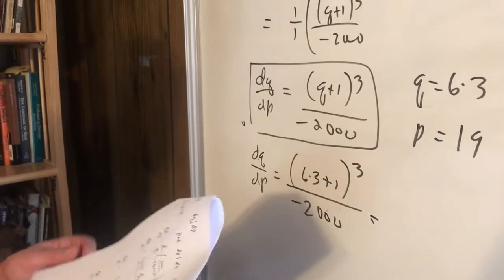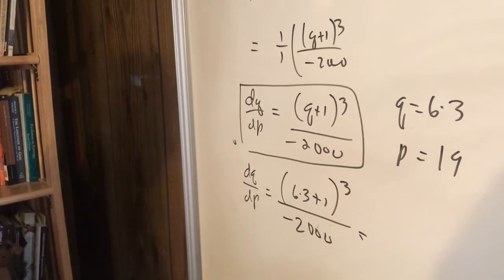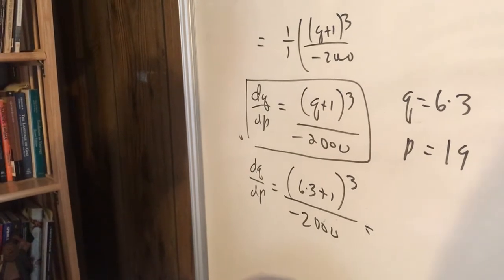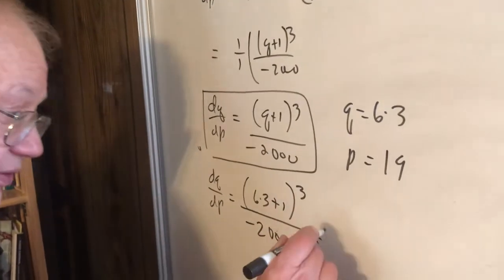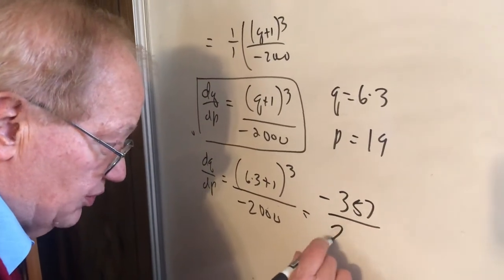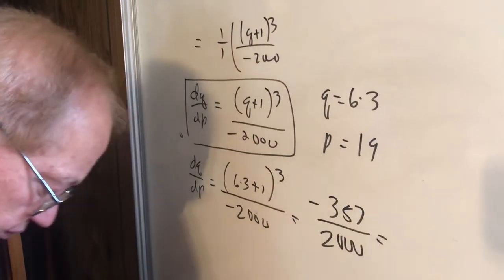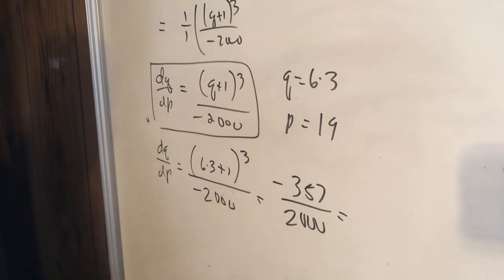And I believe I have done this. That's going to be 7.3 to the cubed. It's going to be 357. So minus 357 divided by 2,000 equals minus 0.179.